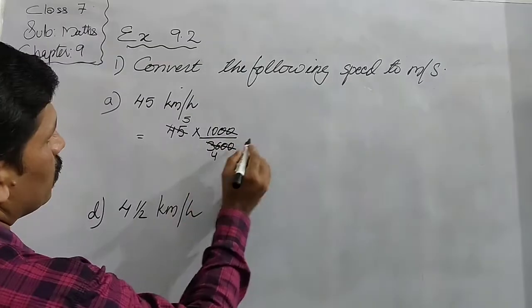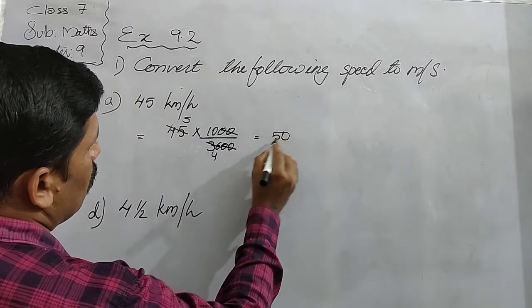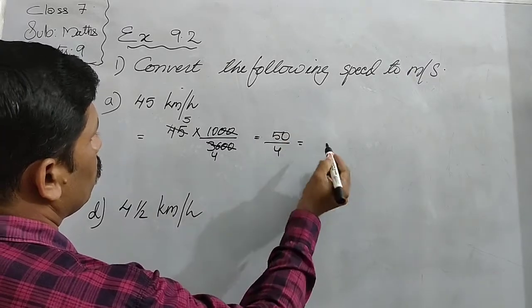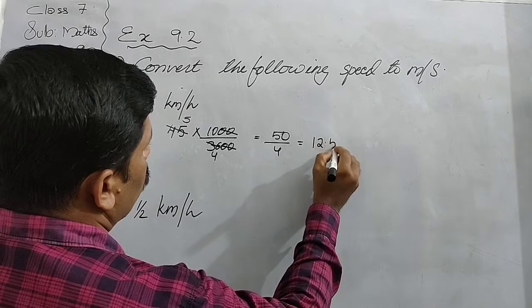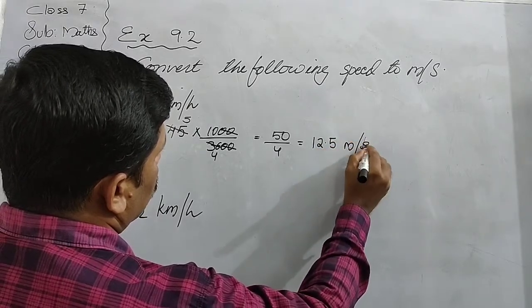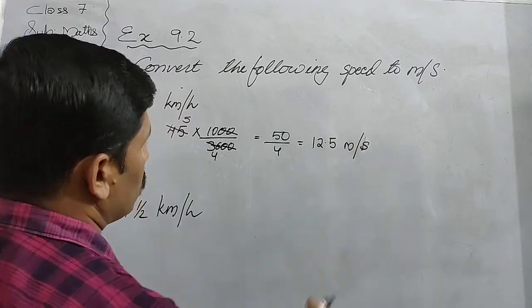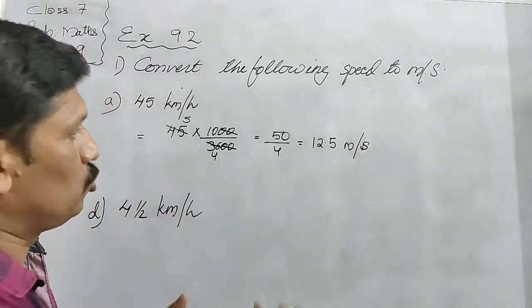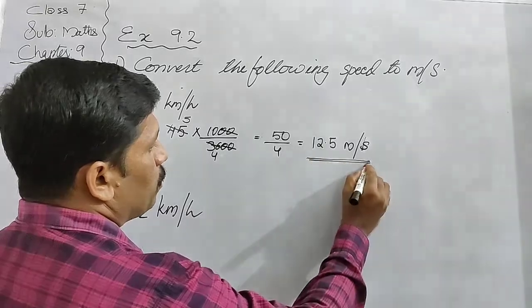So it is 5 into 10, that is equal to 50 upon 4. 50 upon 4, when we divide we get 12.5. So 12.5 meter per second. That is the speed of the object in meter per second; we have expressed kilometer per hour into meter per second.